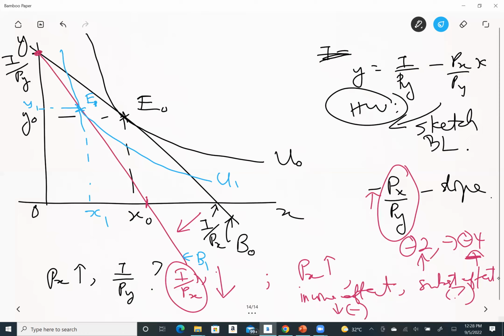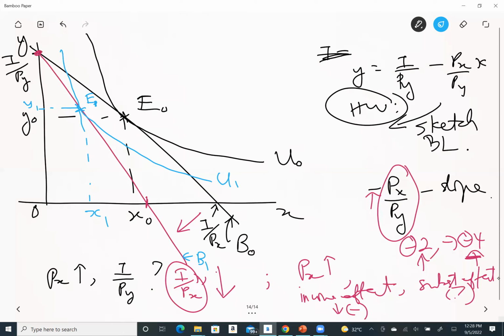The price of X increases. Okay, all right, good. So this is what I said if the price increases. Okay, now this diagram is familiar.